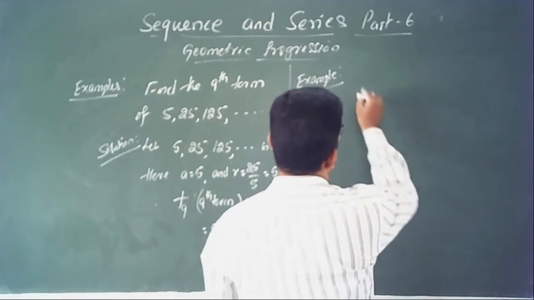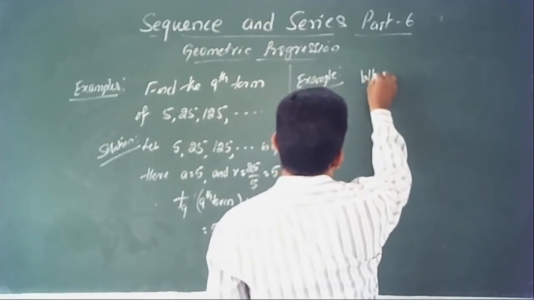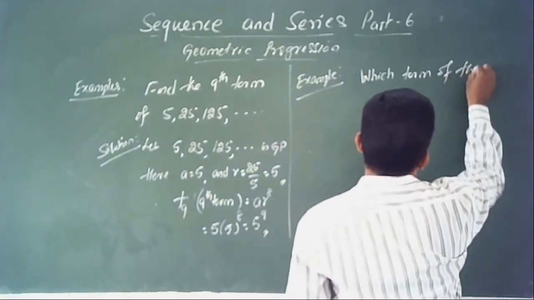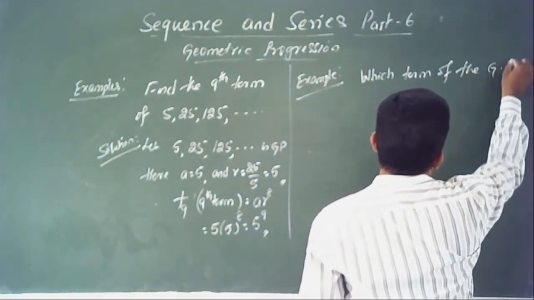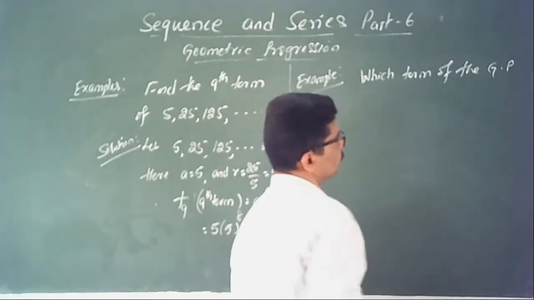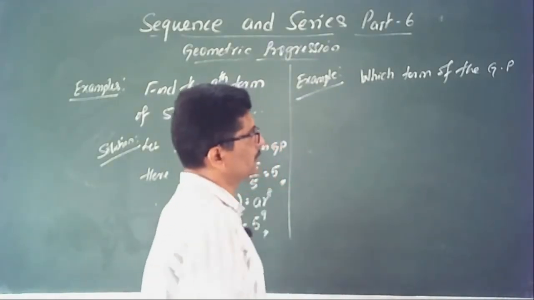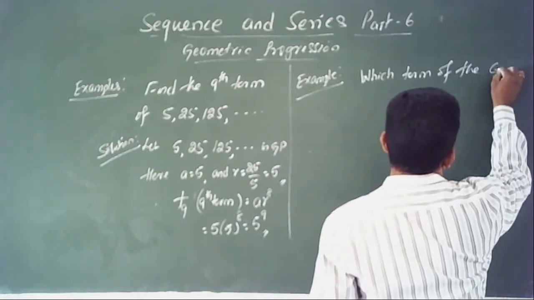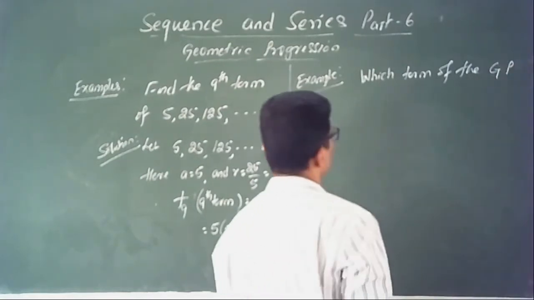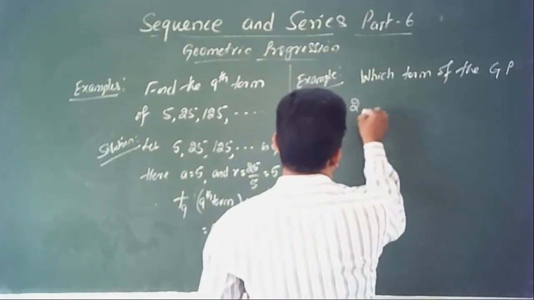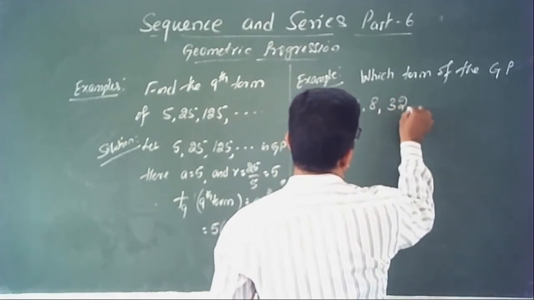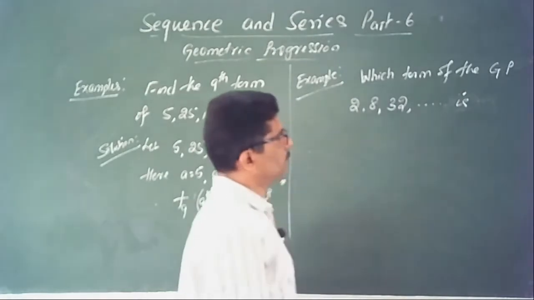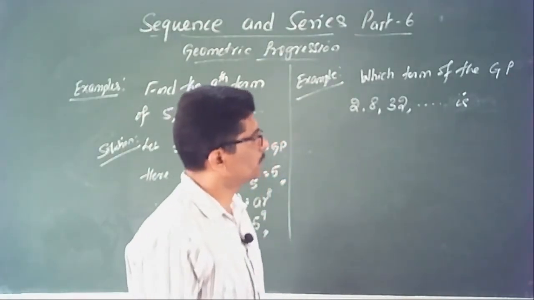Which term of the GP 2, 8, 32 and so on is 1,31,072? Here they have given geometric progressions, the GP continues as 2, 8, 32.